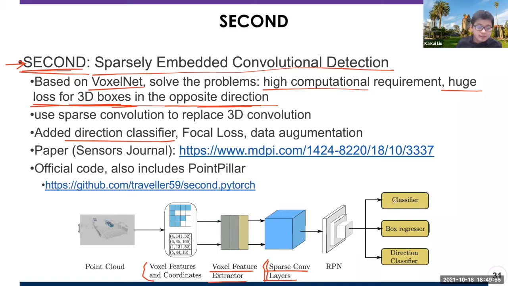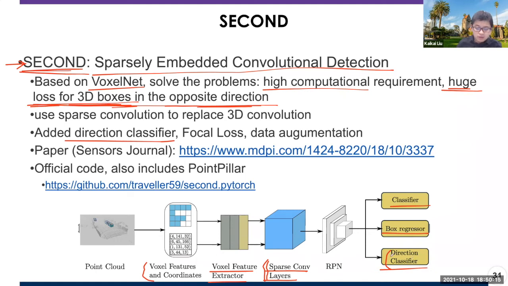Previously, VoxelNet or other 3D detectors only have a classifier or bounding box regressor. They actually added another one called the direction classifier, to try to solve the huge loss problem for the 3D bounding boxes.